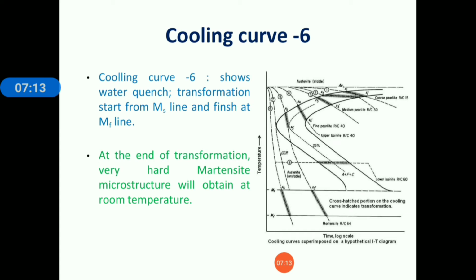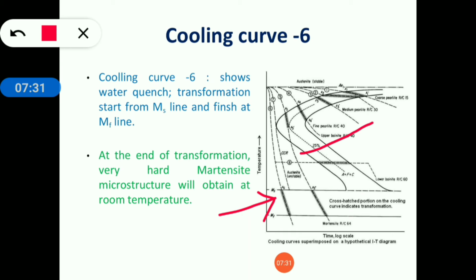So if the cooling rate is faster than or equal to the CCR, you will get the martensite structure. And if the cooling rate is slower than the CCR, like this, then you will get soft microstructures like pearlite and bainite.